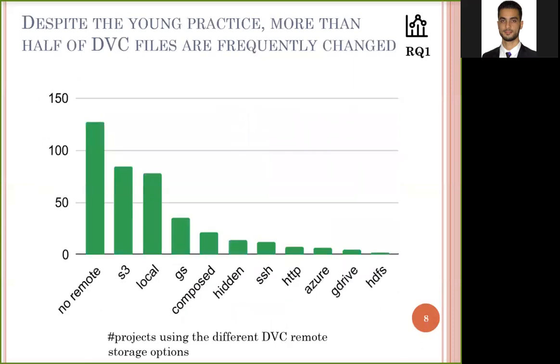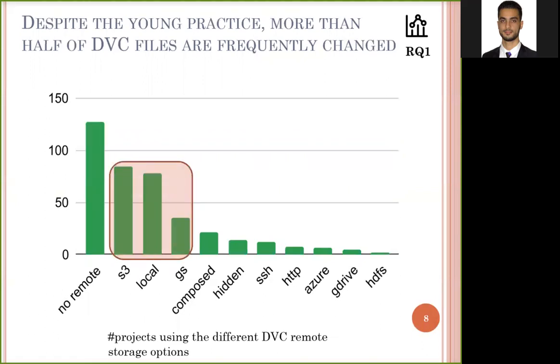And the last plot shows the remote storage used by DVC projects. There are 127 projects with no trace of their DVC remote in the GitHub repository. This is due to toy projects with usage of less than a day. There are also some projects hiding their configuration file for security purposes.